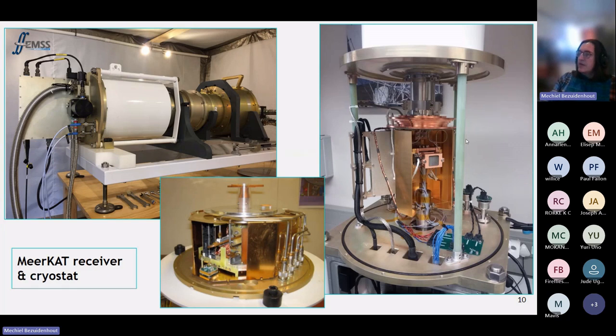And that copper cylinder in there at the center, I believe that contains the cryostat, which is responsible for cooling the receiver system down to very, very low temperatures using cryogenic techniques. So very complicated and expensive technology going into making MeerKAT as sensitive a telescope as it is.